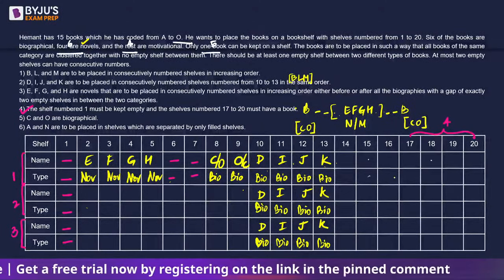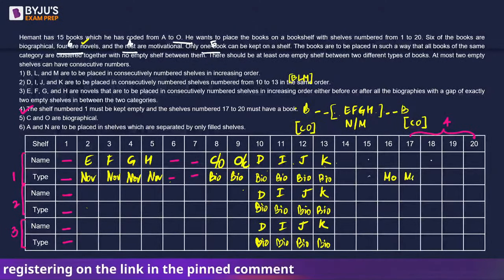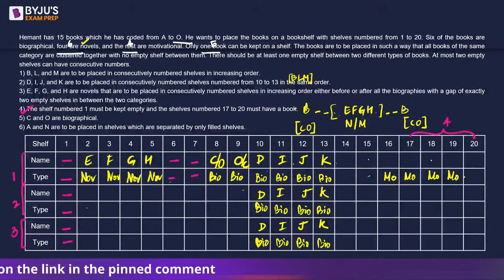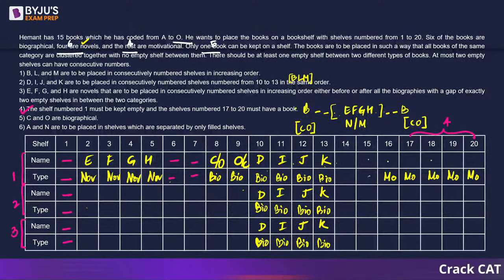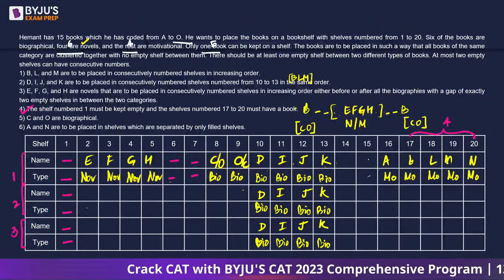That means the last 4 and the 5th one, they are going to be motivational books. And in these motivational books, A and N are to be placed here and the remaining letters, BLM, have to be also placed. So we can have A and N here and BLM here.